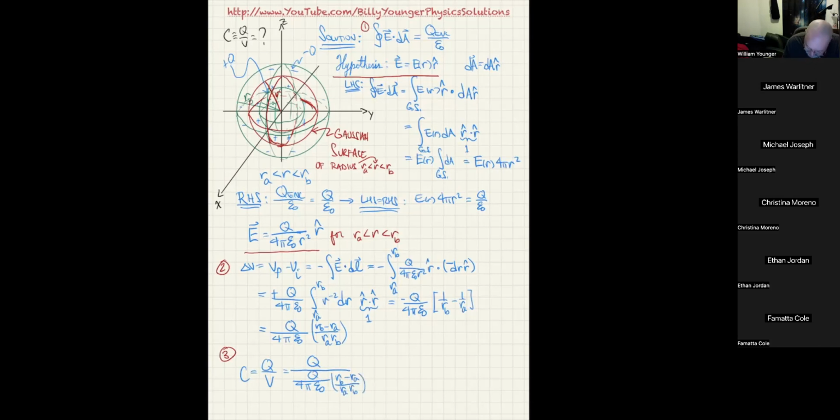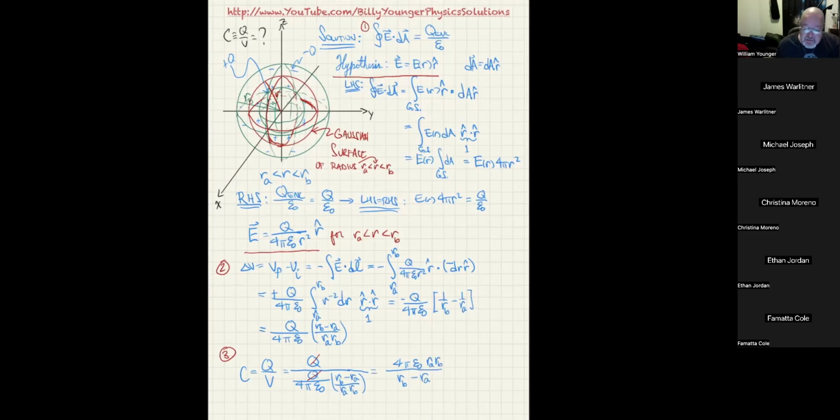You can immediately see that the Q cancels out with the Q, and I am left with 4 pi epsilon naught over, now in this case, all that's left in the bottom is RB minus RA, but on the top, you've got RA times RB.